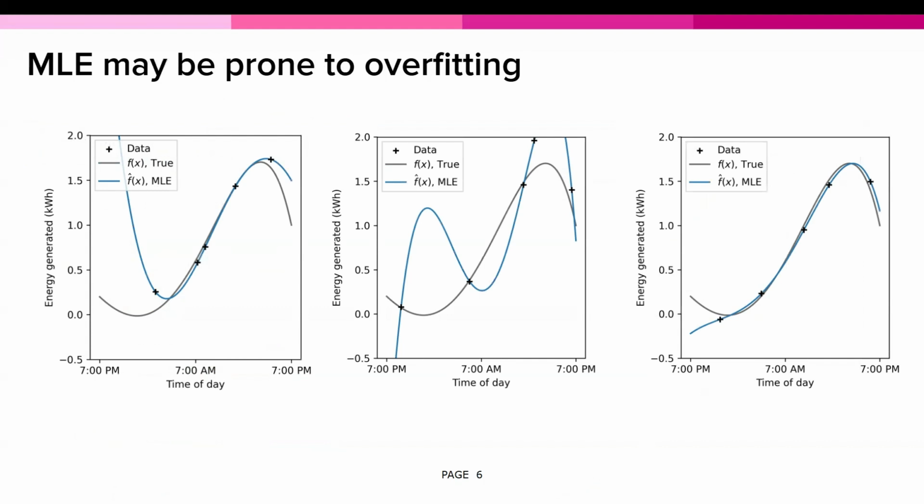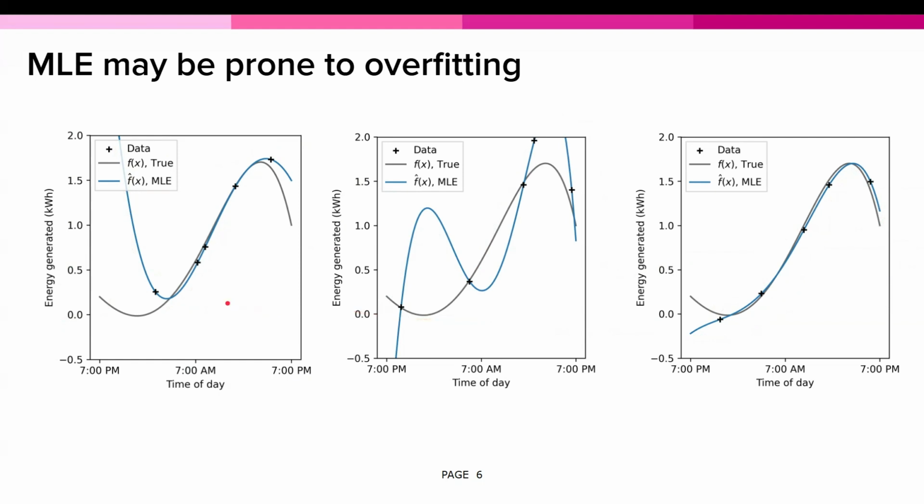To see why, in this slide here, I've got three plots that show predictions made using the maximum likelihood estimate fit for three different small data sets. So the true functions are depicted in gray, and the MLE fits are shown in blue for the three different data sets.